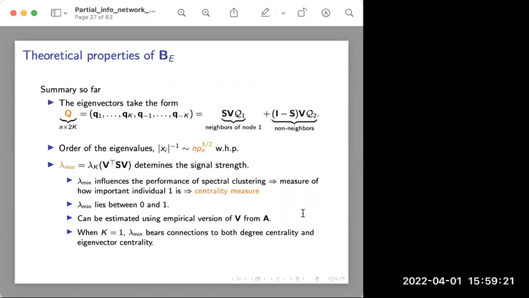This lambda min determines the signal strength you have in the main signal term BE. And because it influences the performance of spectral clustering later, in other words, it tells us how well you can do in terms of community detection using the partial network around individual 1.